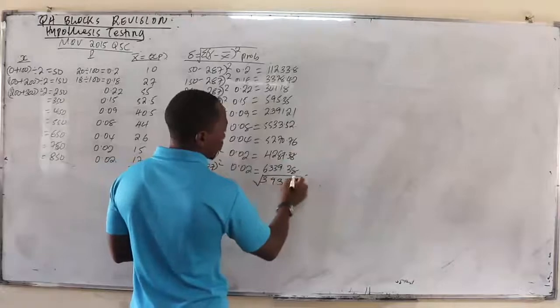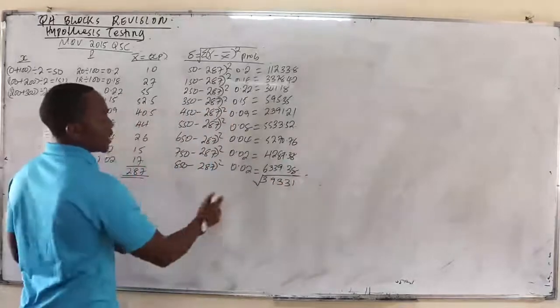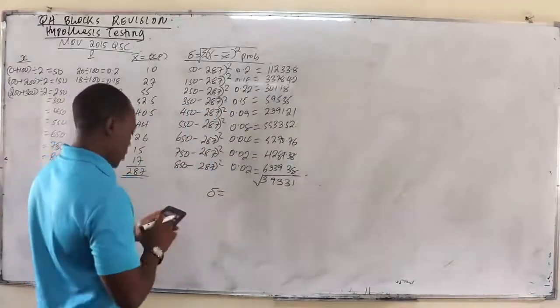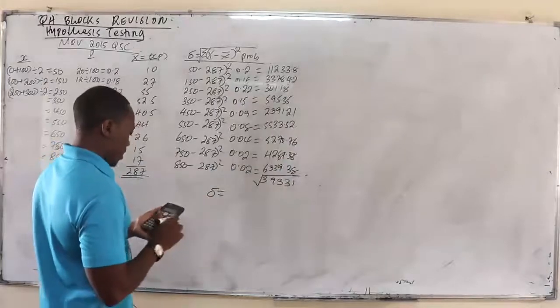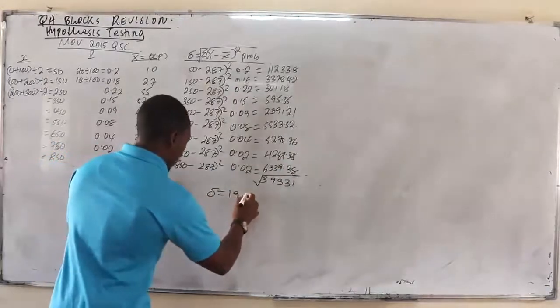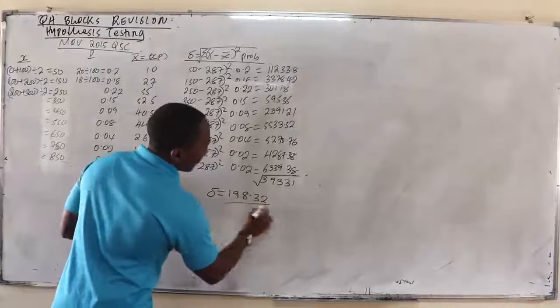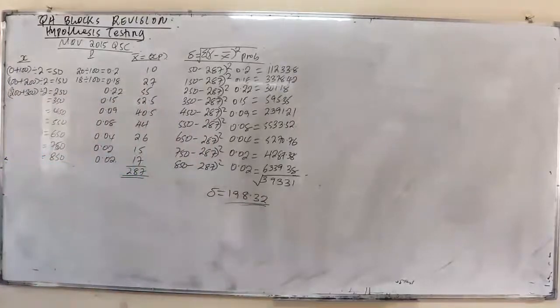Once you get the total, that's when you get the square root, and you have a standard deviation of 198.32. Then let's go to number two.